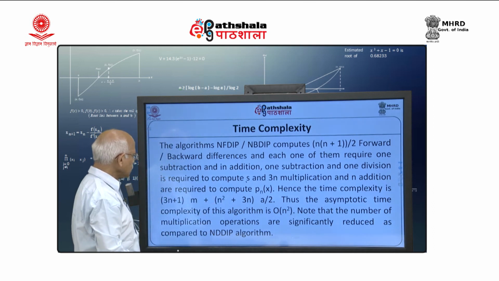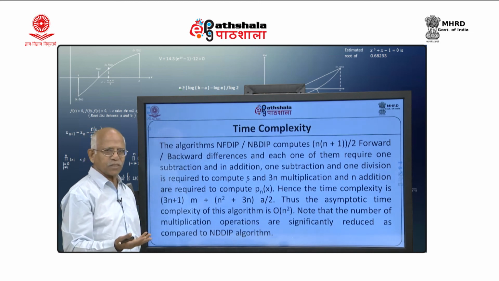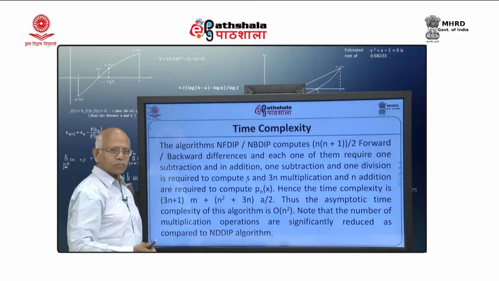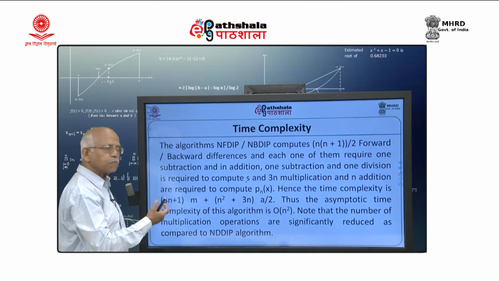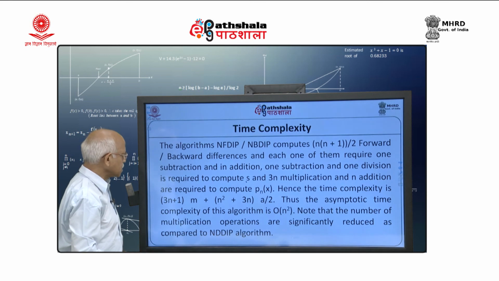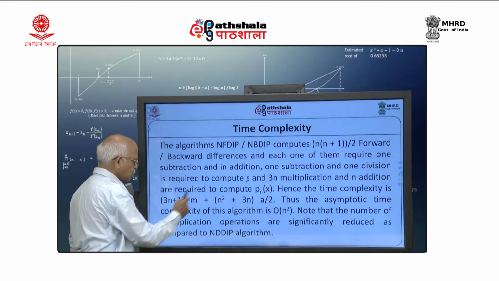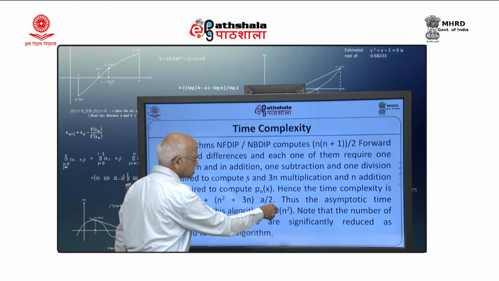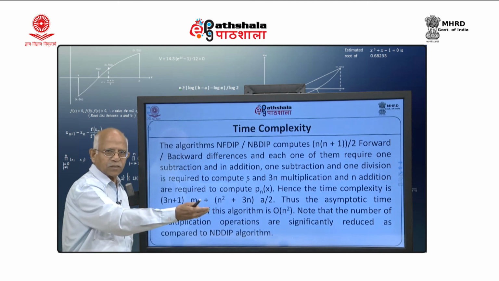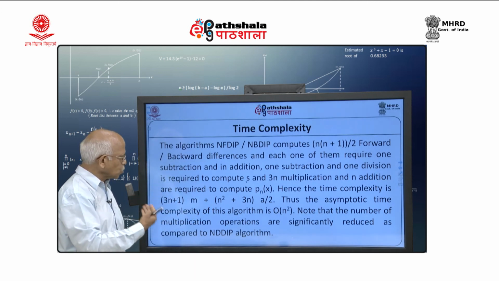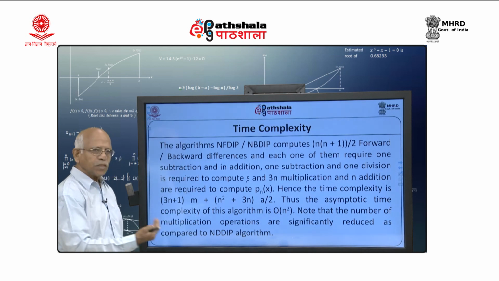So, thus the asymptotic time complexity, you know that asymptotic time complexity is computed in terms of the size of the problem, that is n here, and the highest power of n is considered as the asymptotic complexity. So, the highest power of n involved in this expression is n square, and therefore, asymptotic time complexity is given by order n square. That means, the time required for the algorithm as n increases is similar to the increase in n square.